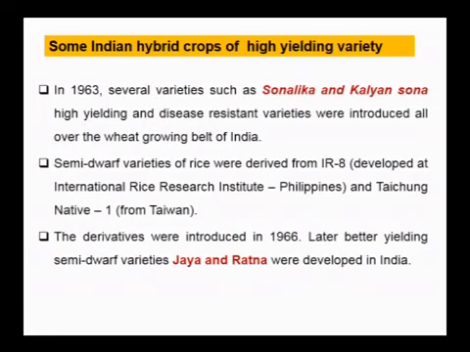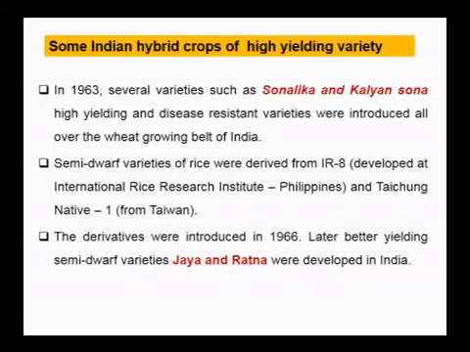When we compare the yield potential in India in 1963 to date, there is a lot of increase in the yield potential due to the introduction of semi-dwarf varieties of rice, wheat, etc. Two such semi-dwarf varieties of wheat are Sonalika and Kalyan Sona. These varieties are high yielding as well as disease resistant, and were introduced all over the wheat growing belt of India.